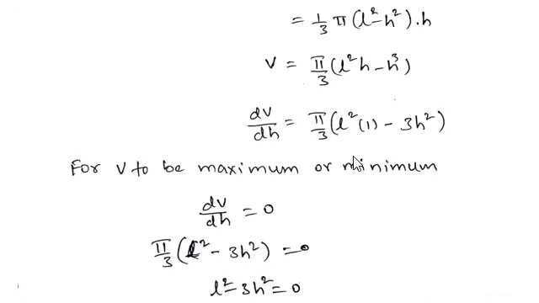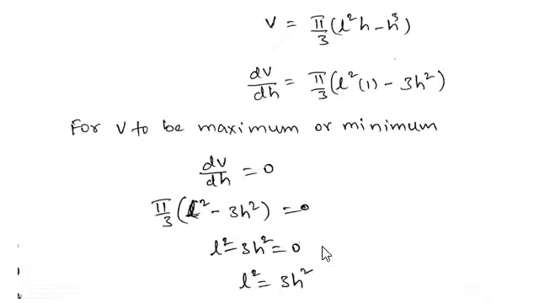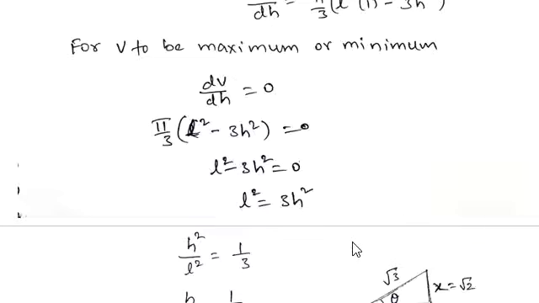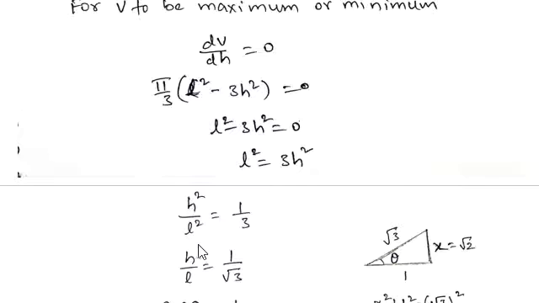When you equate to 0, pi by 3 into L square minus 3h square is 0. So L square minus 3h square is 0, L square is equal to 3h square, or h square by L square is equal to 1 by 3, or h by L is equal to 1 by root 3, if you remove the square.